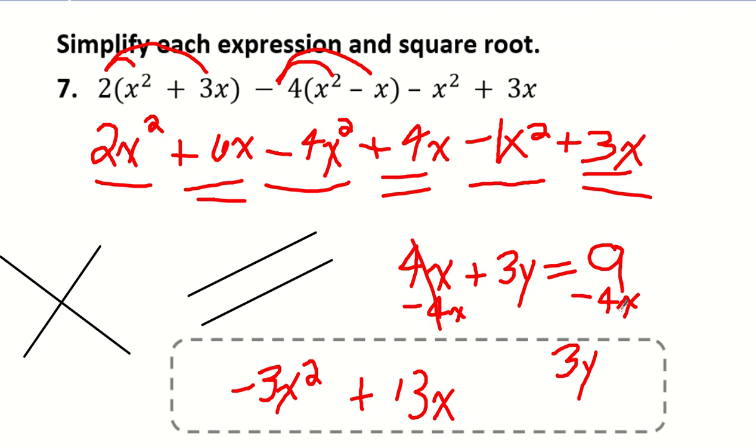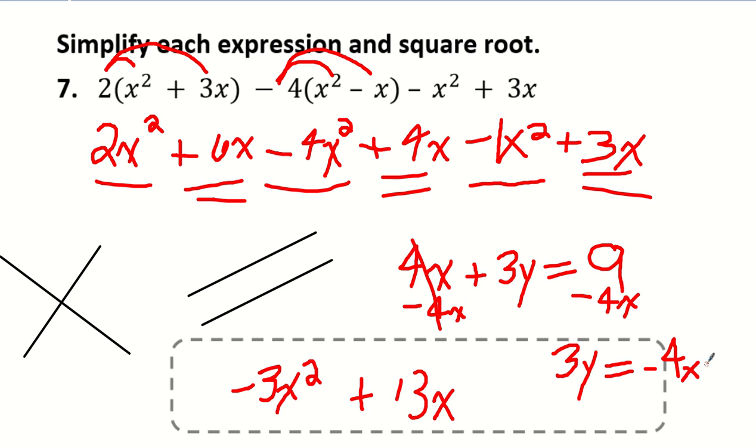Now 9 minus 4x, those don't combine. Like we just got done up here talking about like terms. You can't do 9 minus 4x. They're not alike. So you're just going to leave these two terms separate, and it's better if you put the x term first, because then it literally matches the form of y equals mx plus b.